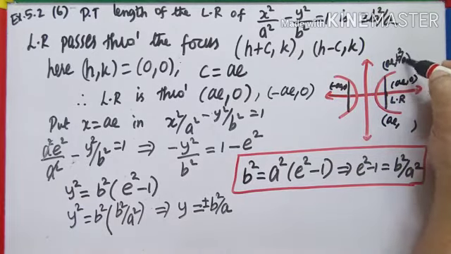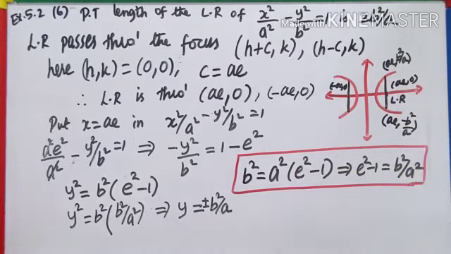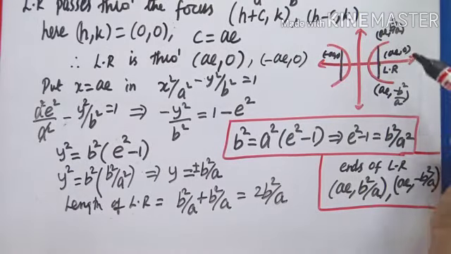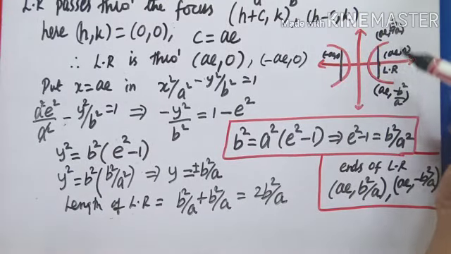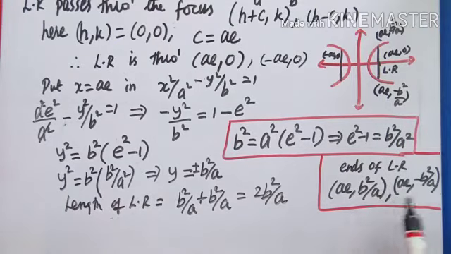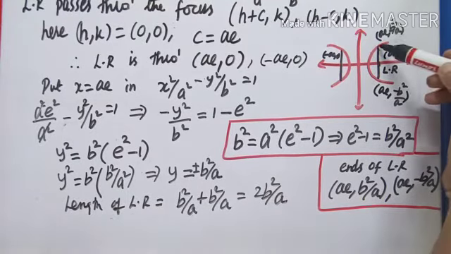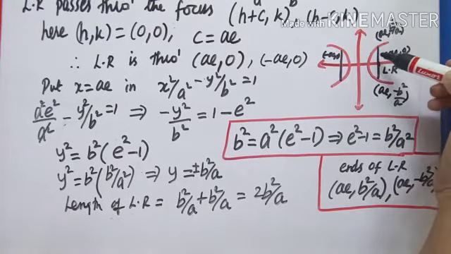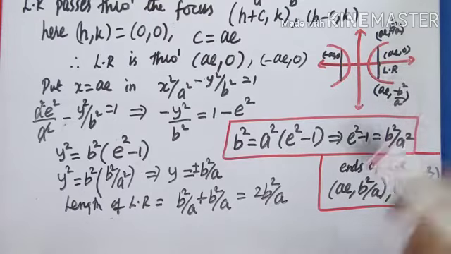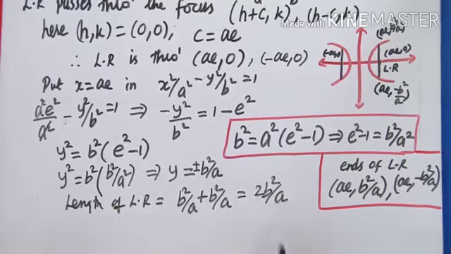This is plus B square by A and this is minus B square by A. As we mark the latus rectum ends, we will write AE, B square by A and AE, minus B square by A. The length of it is this length plus this length, B square by A plus B square by A. So the length of the latus rectum is 2B square by A.